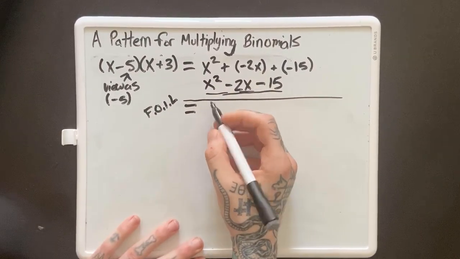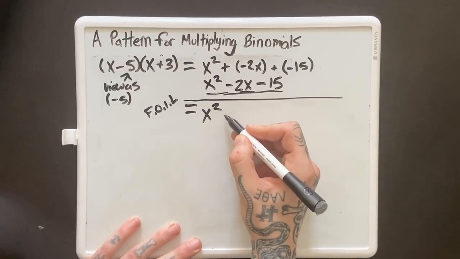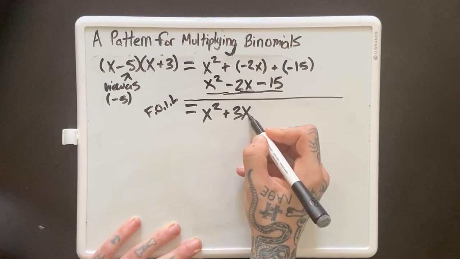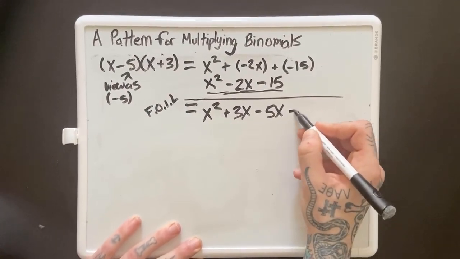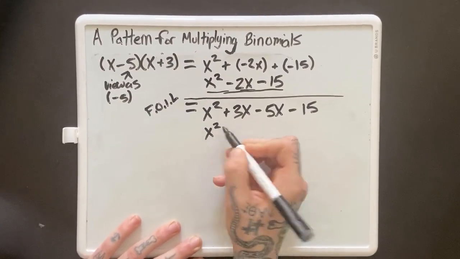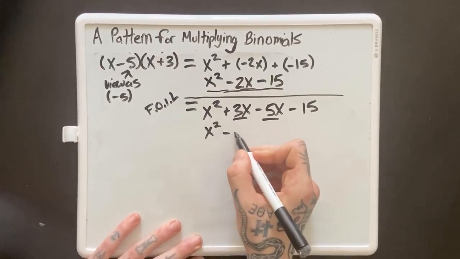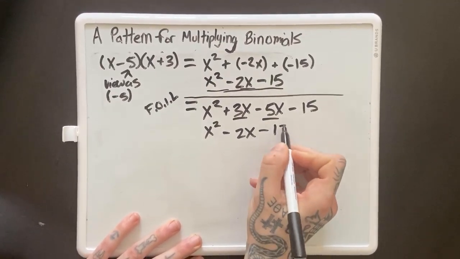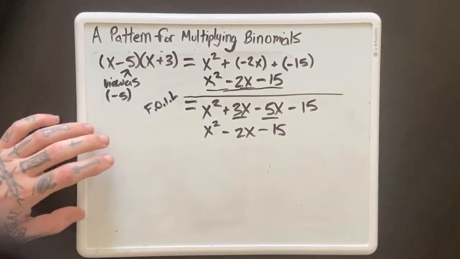So we get x squared plus 3x minus 5x minus 15. Now we're going to combine our like terms, and we're going to get the same result, okay?